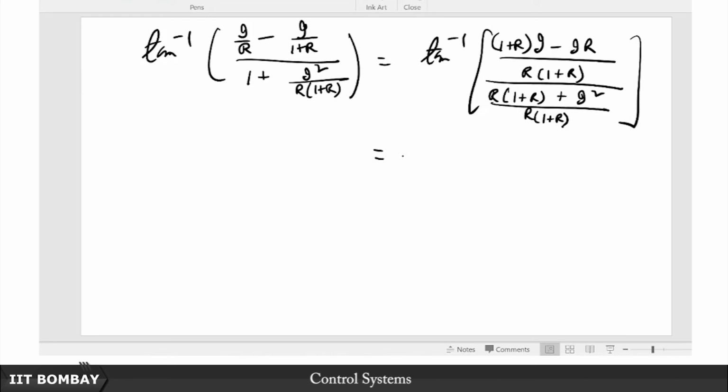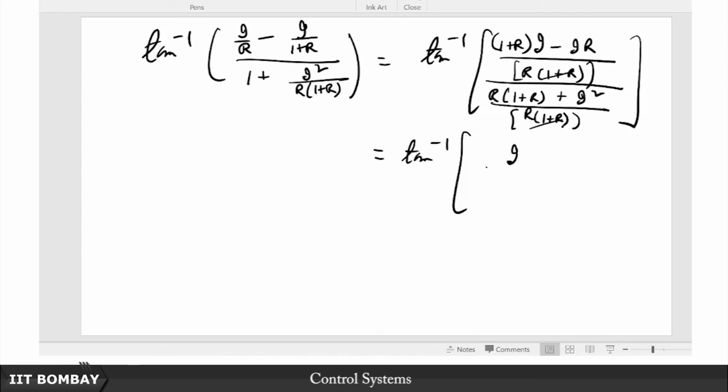So that is going to be equal to tan inverse, of course from the numerator IR cancels out, so you just have I remaining. The numerator and the denominator have this term in common, so this will also cancel out.